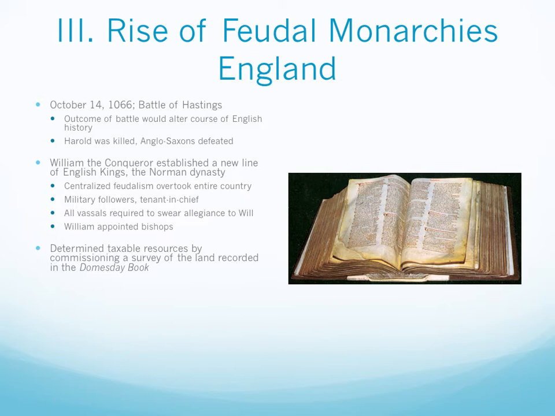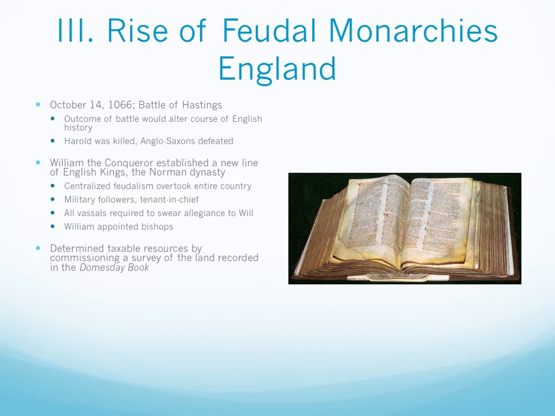Harold is killed in this battle, and William, the Duke of Normandy, becomes William the Conqueror, and he establishes a new line of English kings, and this will be the Norman dynasty. If you ever study language, you'll see that there's a lot of English words that actually have a French or a Norman French influence, and it comes from this time when William the Conqueror became King of England.